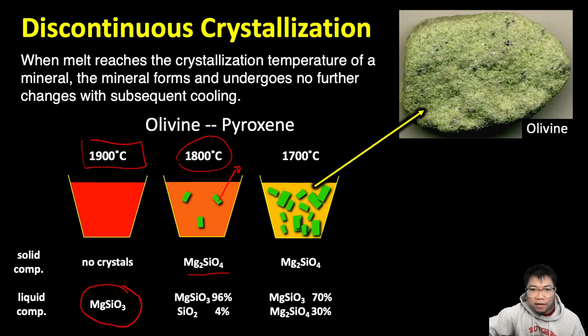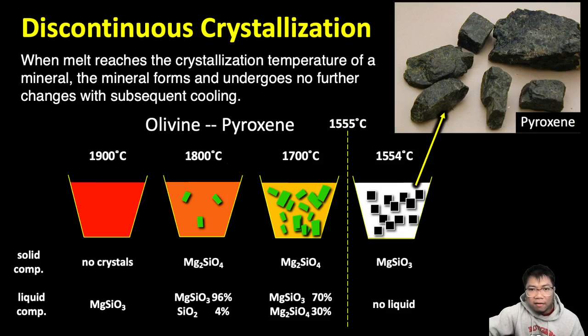And then if I keep dropping the temperature, there will just be a lot more olivine that forms at 1700 degrees Celsius. So it doesn't change the name of the mineral. It's olivine. And then eventually at 1555 degrees Celsius, this is the boundary temperature, and at about 1554, olivine will not form anymore.